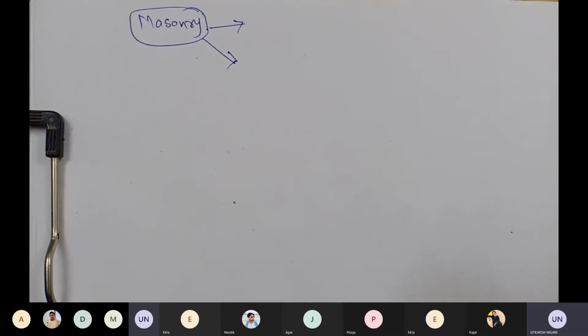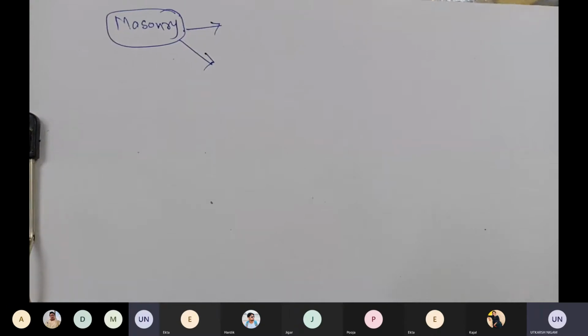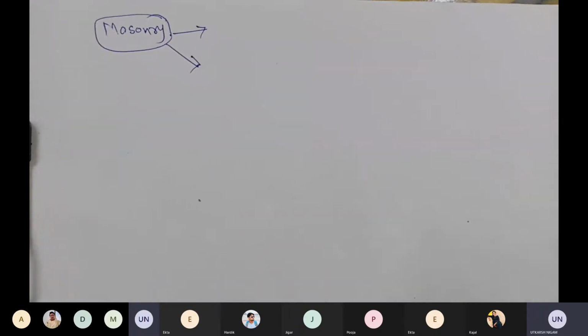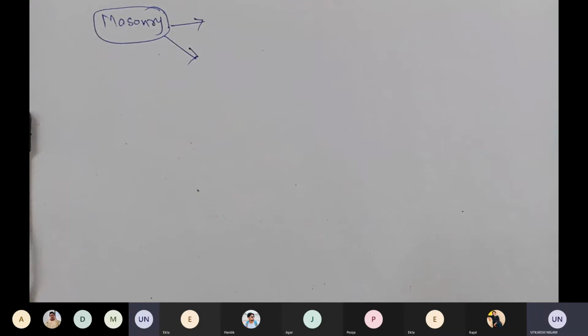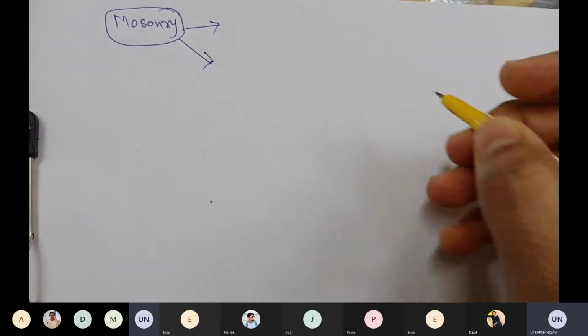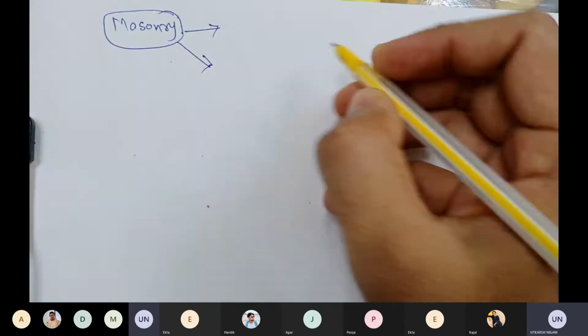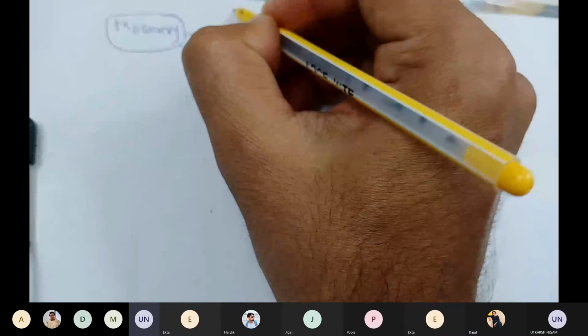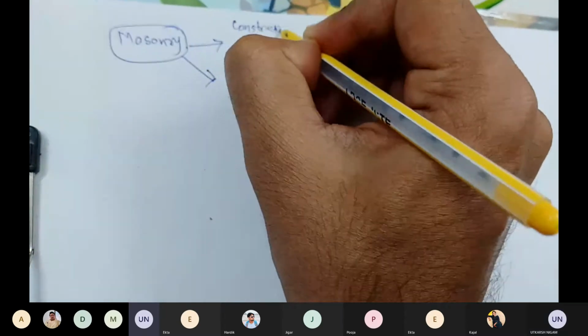So the first one is masonry, and what is masonry? We have already discussed what we understand by masonry. Masonry is construction of building units bonded together with mortar.